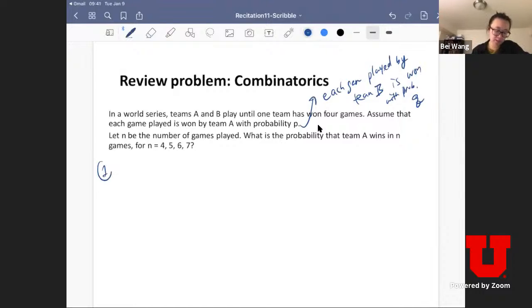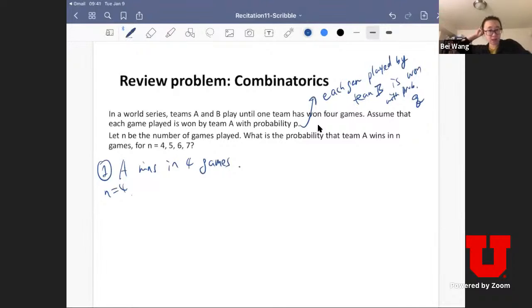The first case is that A wins in 4 games, so n is equal to 4. Then what is the probability?